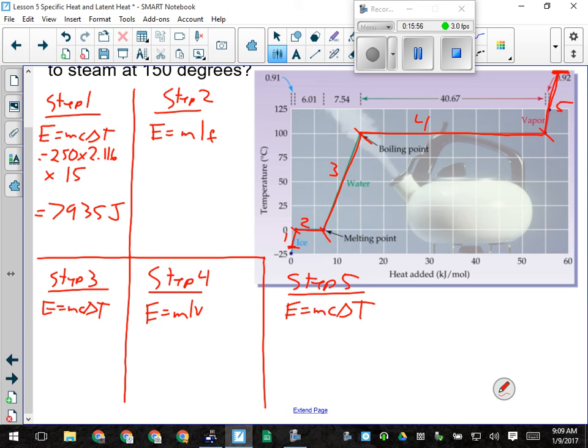Step 2, I take the mass. Do I still have 250? Yes, and I'm going to have 250 all the way through. That's not going to change. 250 grams times the latent heat of fusion, which we said was 333 joules per gram.